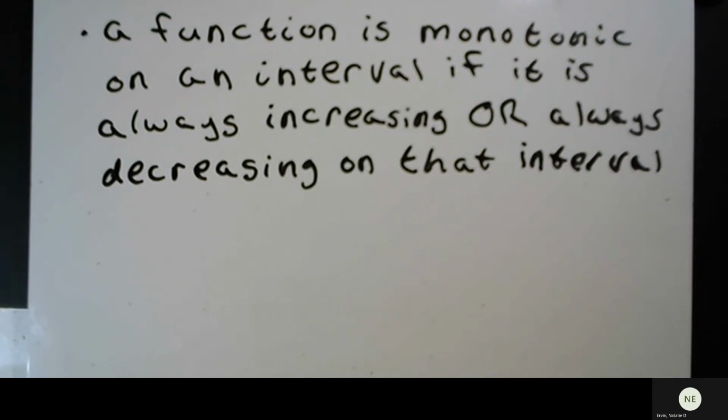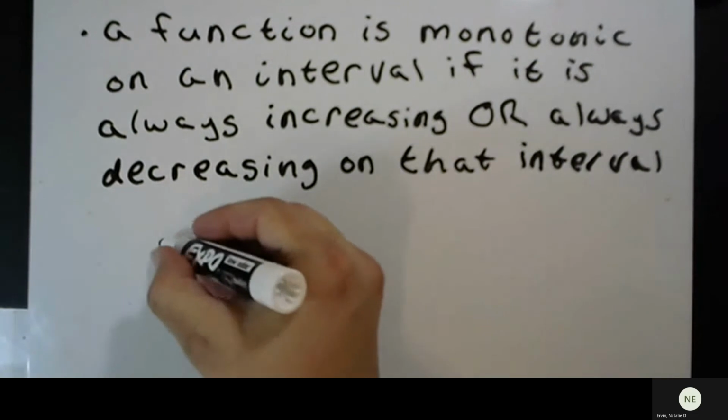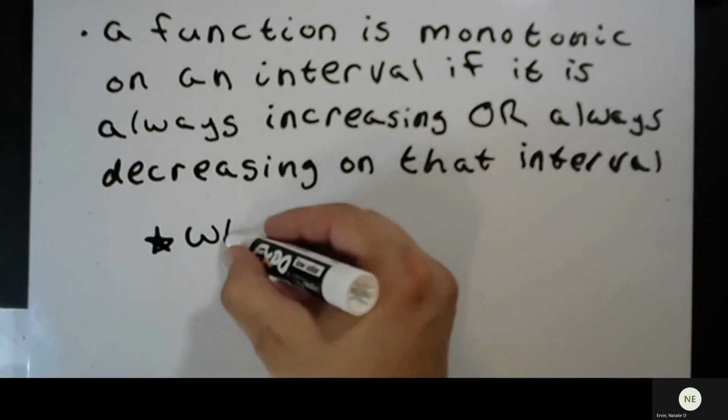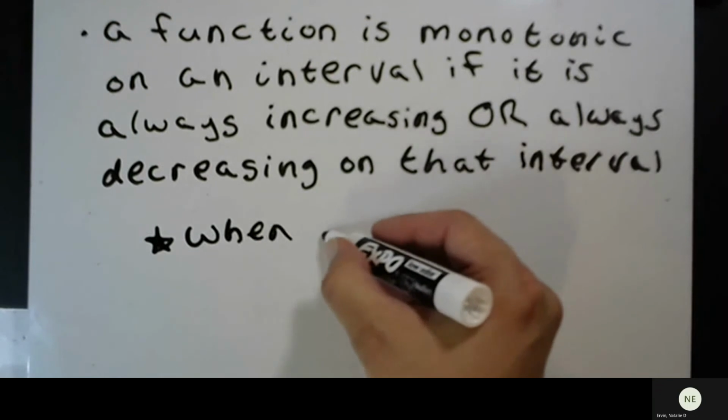So we're going to use a property of first derivatives to help us identify when a function is increasing or decreasing.